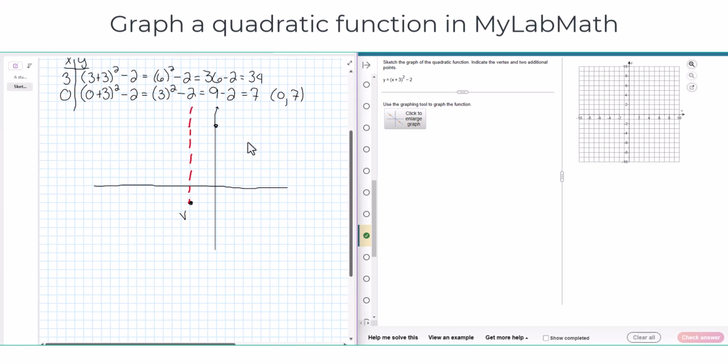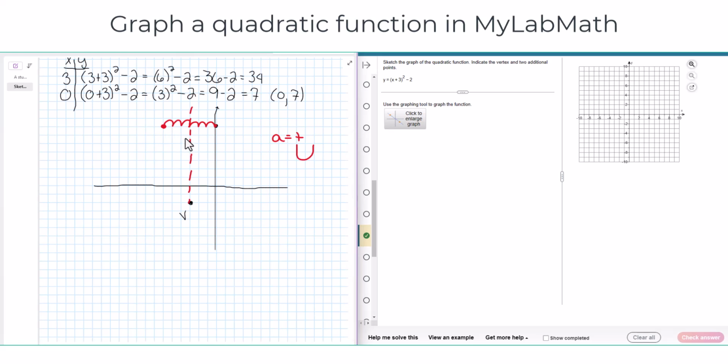I didn't mention that if we looked back, our a is positive, so I know it's going to open upward. That's why I drew my axis of symmetry up instead of down. The axis of symmetry tells us that if I'm 3 places to the right to this point, I have to be 3 places to the left to this point.